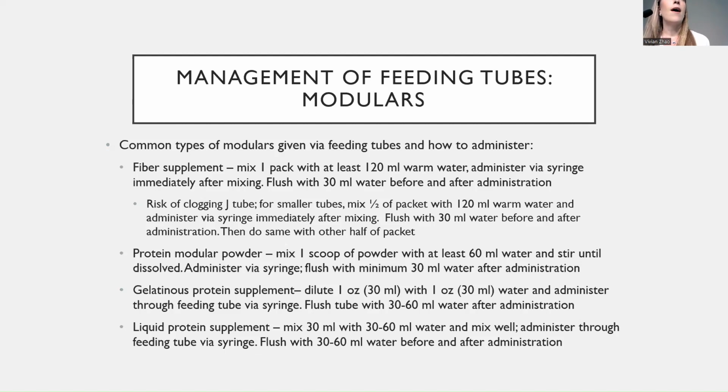And say you have a gelatinous protein supplement, you dilute 1 ounce of the protein supplement with 1 ounce of water and administer that way. Same thing with the liquid protein supplement, 30 to 60 ml is fine. Mix well and then flush with 30 to 60 ml before and after.